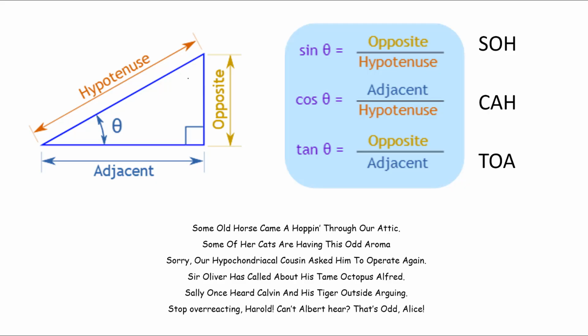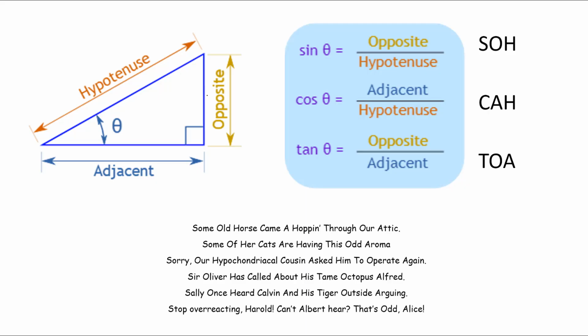you're looking at. So if I look for the sine of theta, that means look at theta right here. I want to see the side that is opposite to theta, meaning across from theta. That goes in the numerator. I want to talk about the hypotenuse.